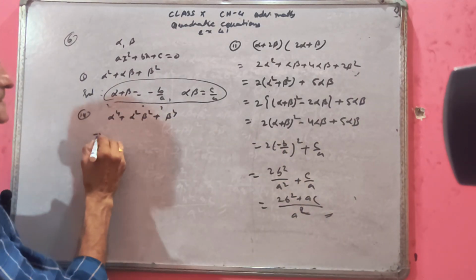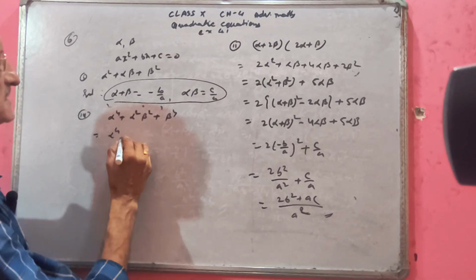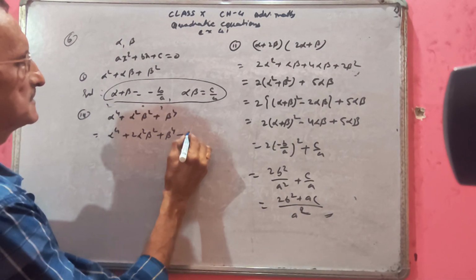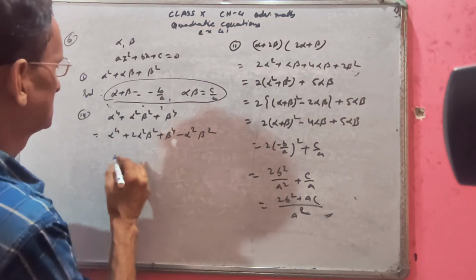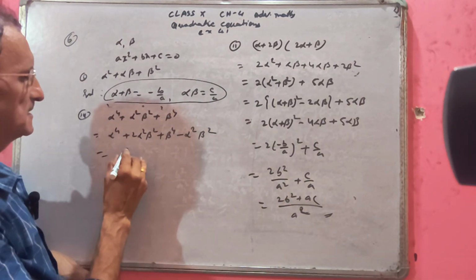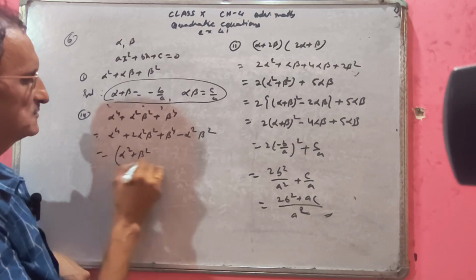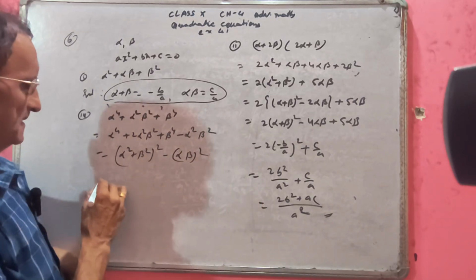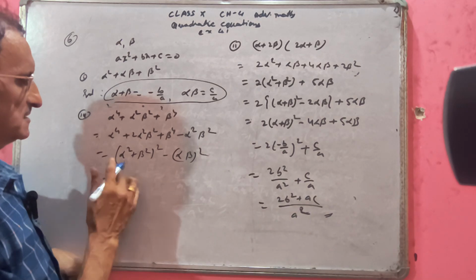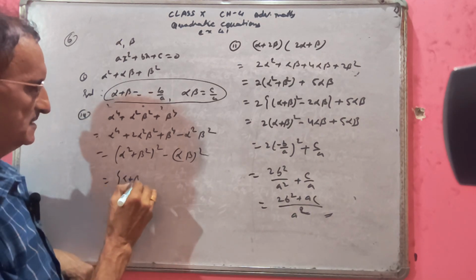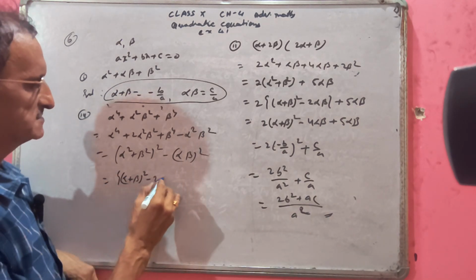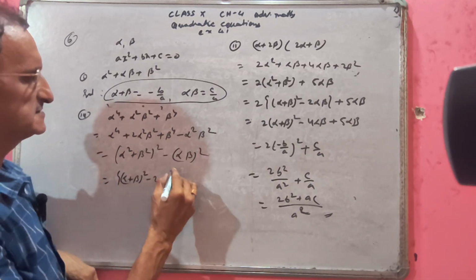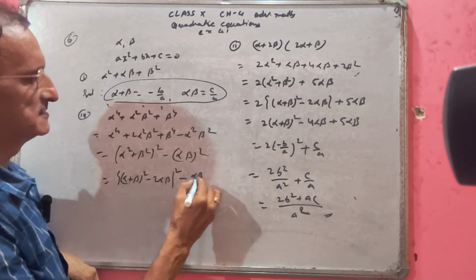So similar way, write down alpha 4 plus 2 alpha square beta square plus beta 4 minus alpha square beta square, because this is alpha square plus beta square whole square minus alpha beta whole square. Okay, again we have a square plus b square corollary, a plus b whole square minus twice ab. Okay, this equal to, and whole square still there, minus alpha beta whole square.